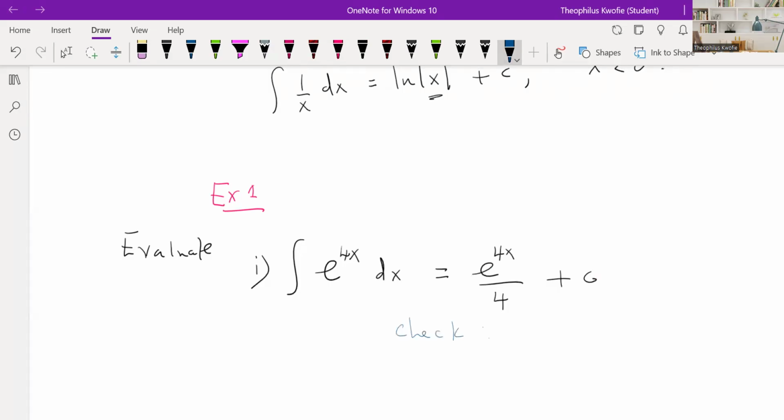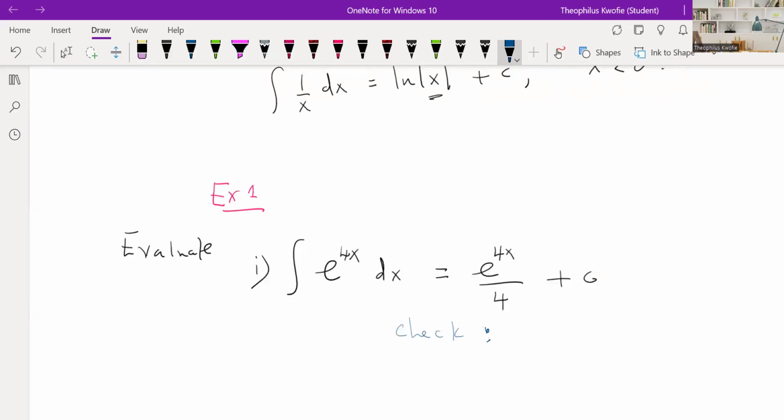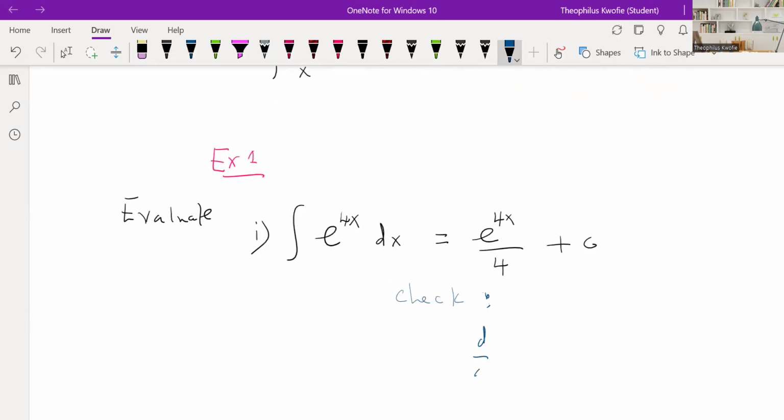So to check our result, we differentiate the result, and if you're able to get the original function back, which is e to the power 4x, then it means you are right.